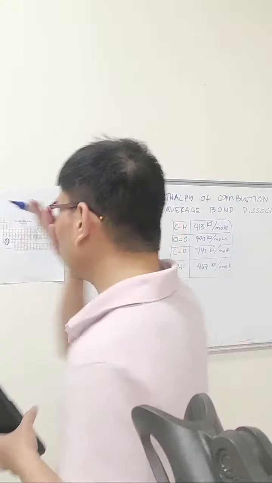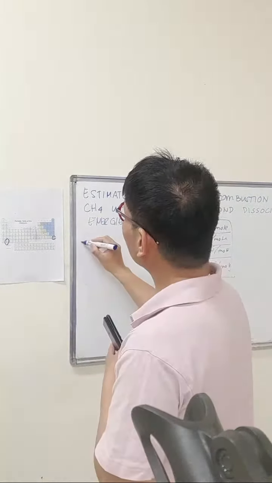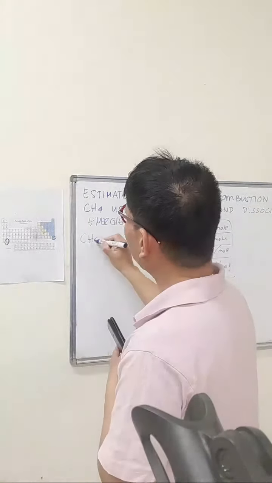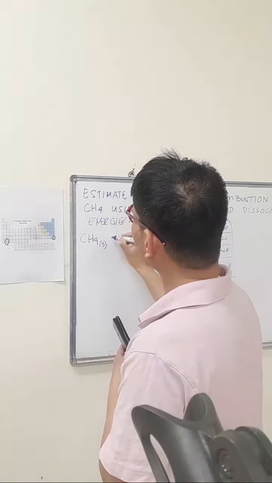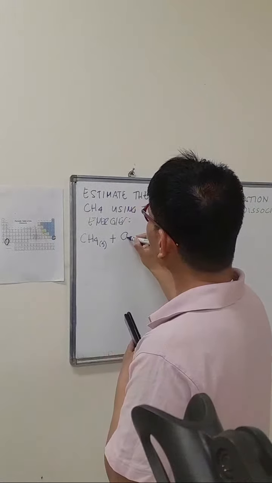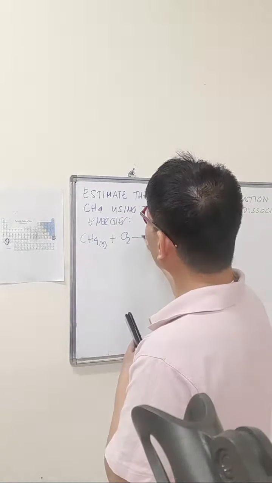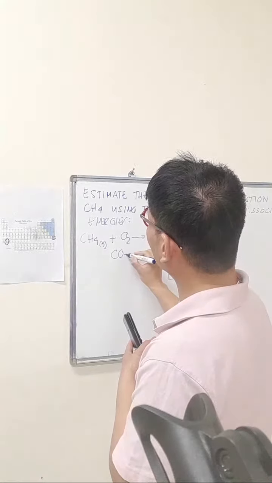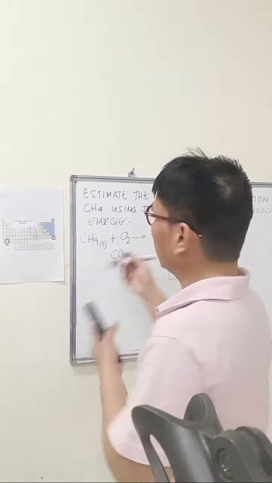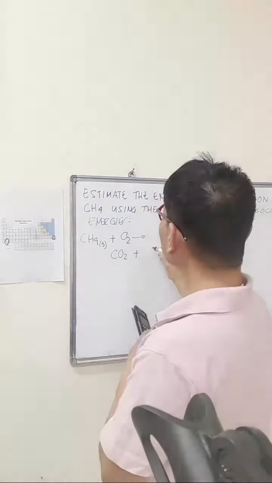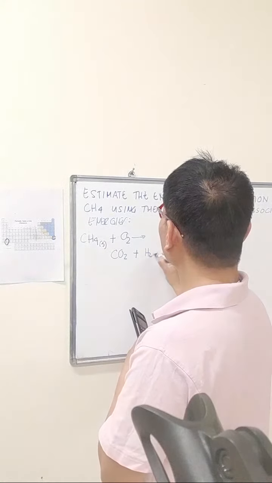So CH4, methane, natural gas, plus rapid oxidation, equals carbon dioxide, a greenhouse gas, plus water.